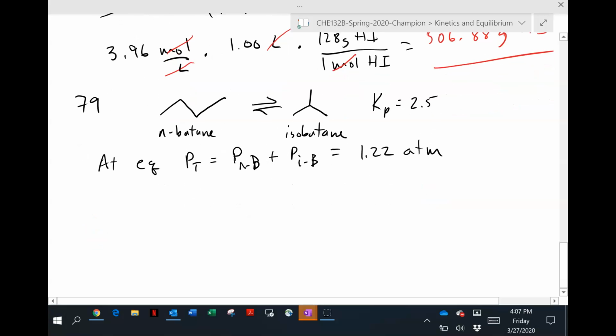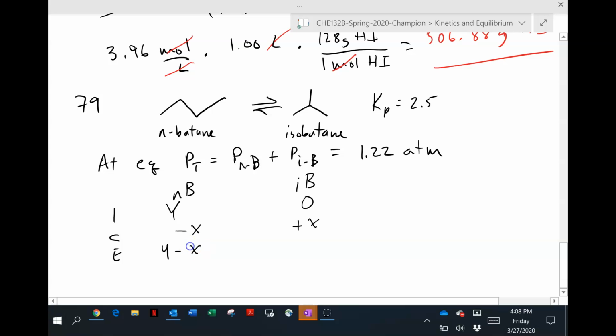So let's look at our problem. We don't really know the initial, we don't really know the change, but let's just play with this. If we did an ICE chart, N-butane here, I-butane here, let's say we start out with Y amount of N-butane and 0 IB. We're going to go up X here, go down X there.